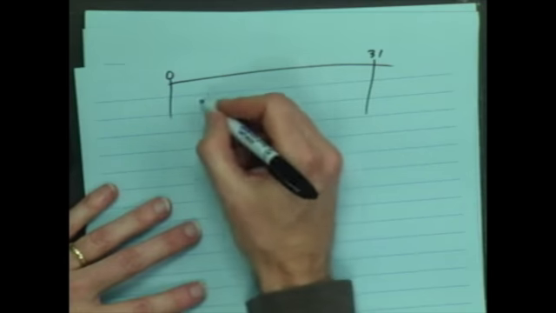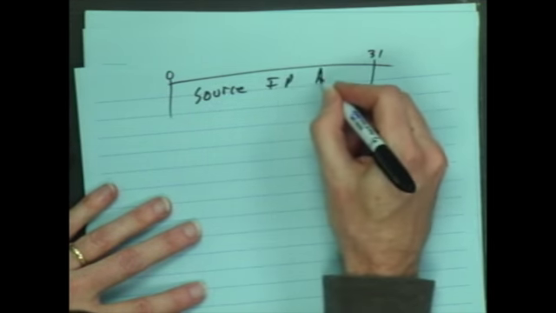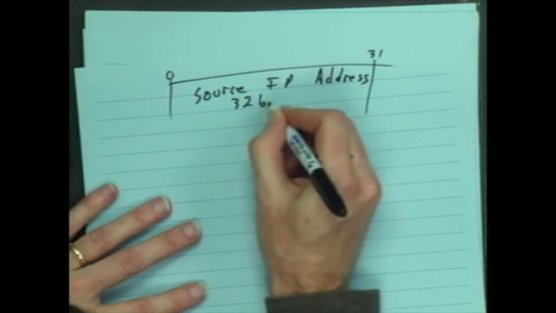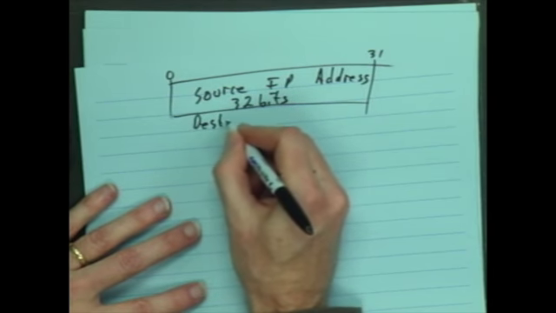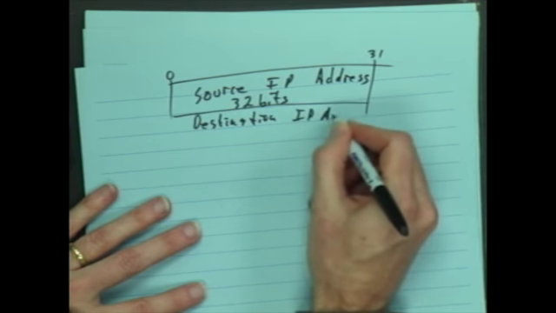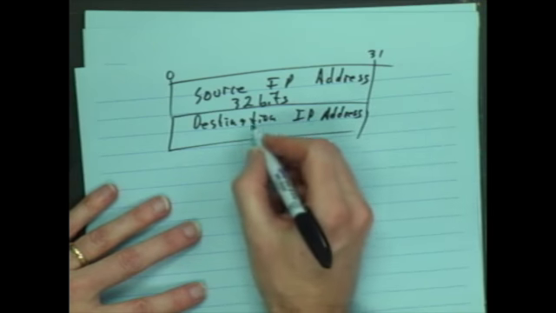Next up comes the source IP address. That is going to be 32 bits. Then after that comes the destination. It is also 32 bits long.